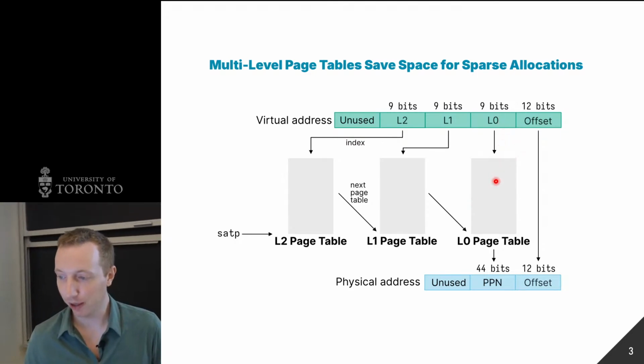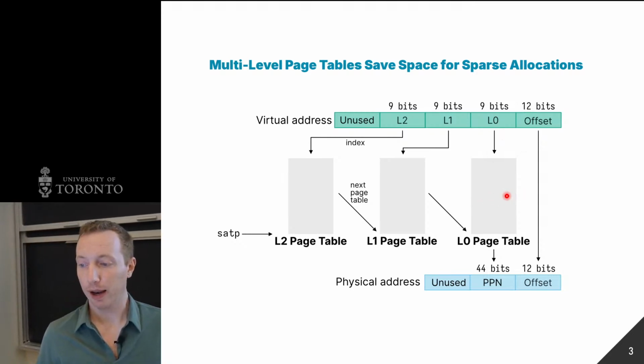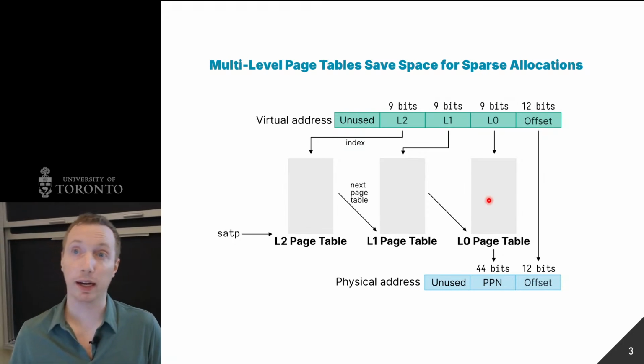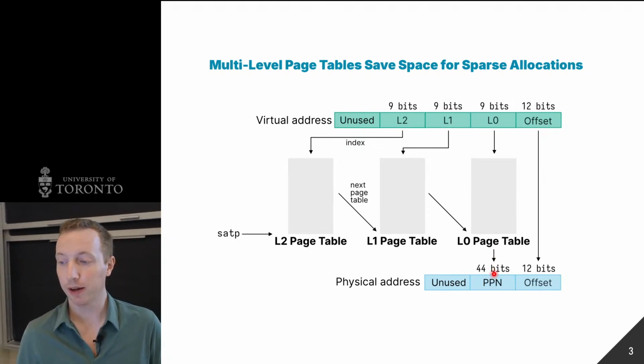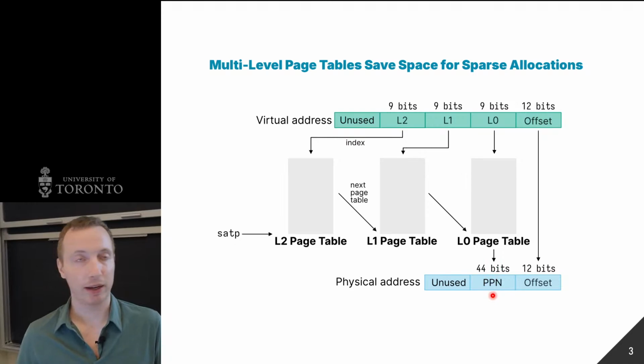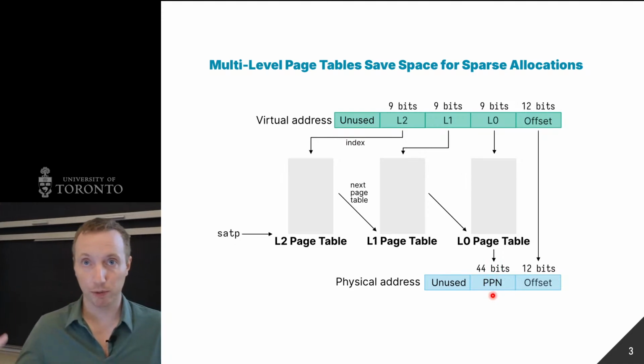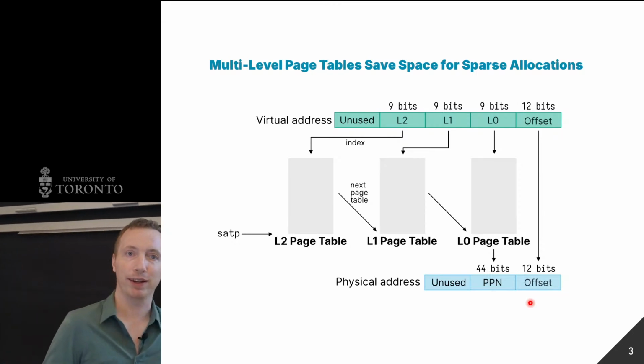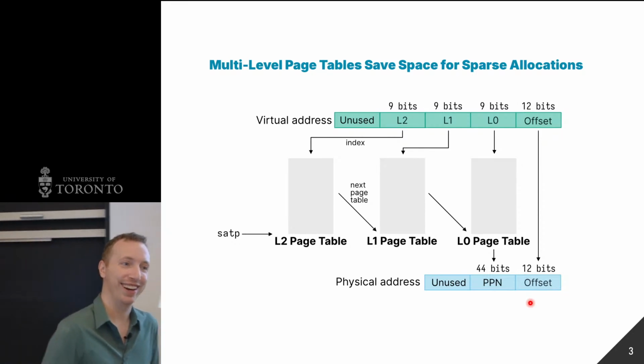So L0 will have its page table entry. It will have a physical page number like the other ones, and it gives me the actual physical page for this virtual address. And again, mercifully, we don't have to translate the offset. So, everyone okay with this?